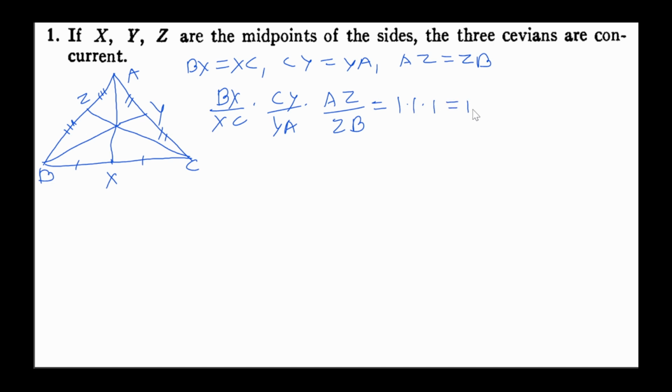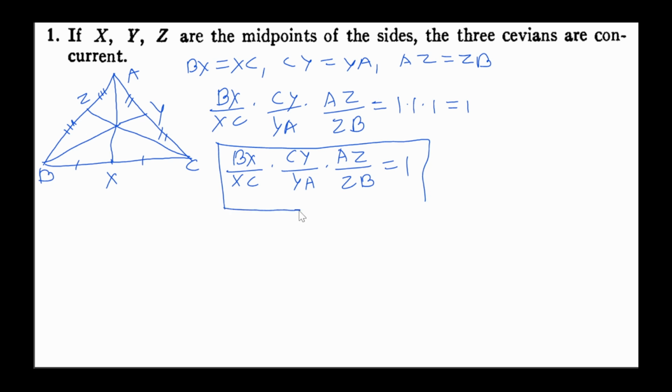So that is equal to 1. Therefore, BX upon XC into CY upon YA into AZ upon ZB is equal to 1. Therefore, this condition is satisfied, that is the condition of concurrency, or Ceva's theorem.